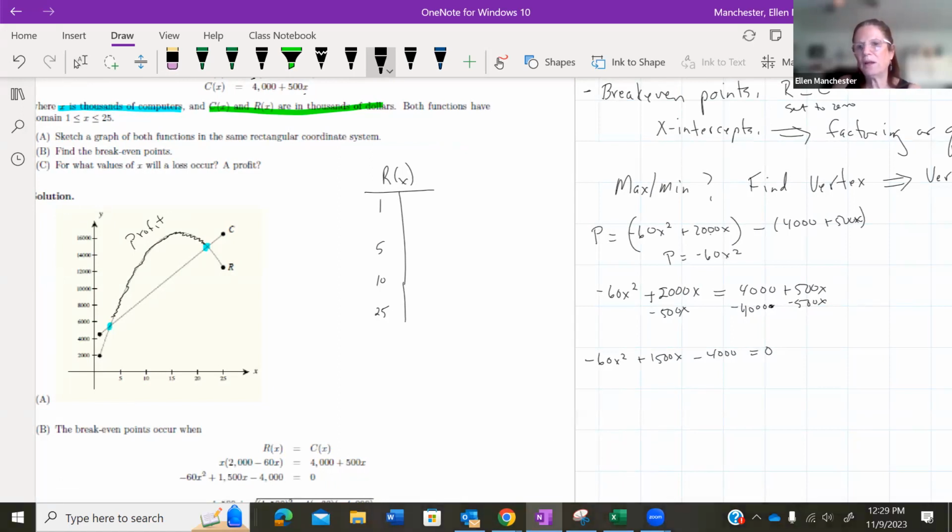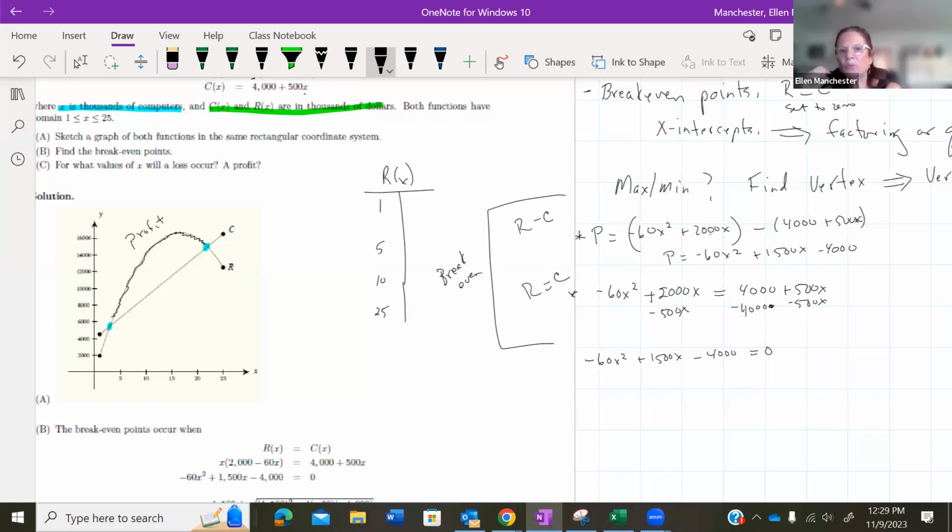So 200x minus 500x is 1,500x, and then minus the 4,000. So either way works. It's either revenue minus cost or it's revenue equals cost. You just decide which way you want to see it. And that's all this is, all break even.